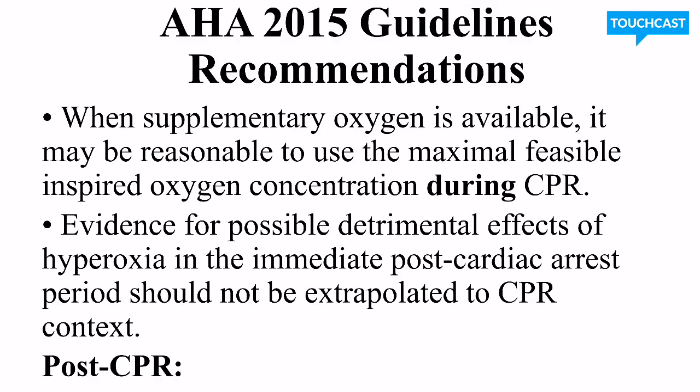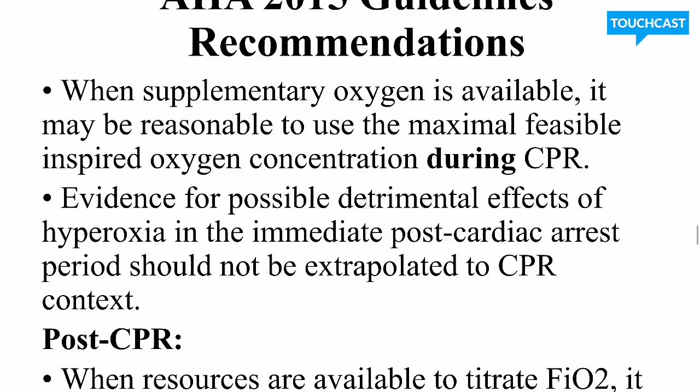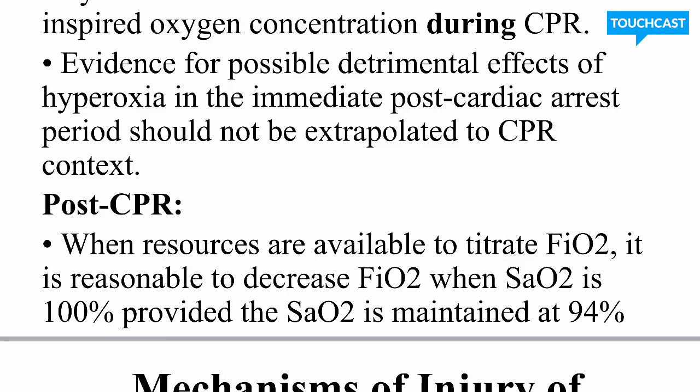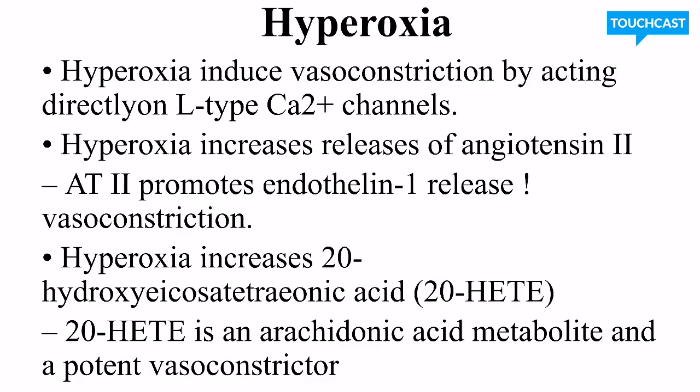So these are the American Heart Association 2015 guidelines recommendations. During CPR, you are allowed to give high concentration of oxygen. However, post CPR, you need to titrate the FiO2 with the aim of oxygen saturation between 94 to 100.